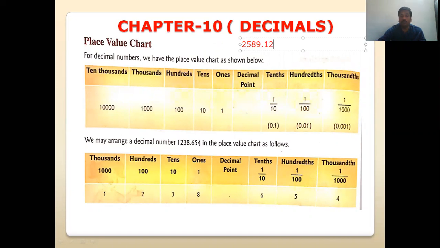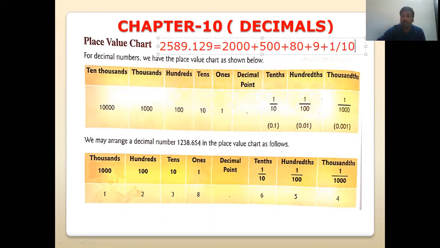Take 2589.129. If you want to write this number in expanded form, how can we write it? Yes, 2000, you know very well, plus 500 plus 80 plus 9 plus. Now here is the 1, so we write 1 by 10.